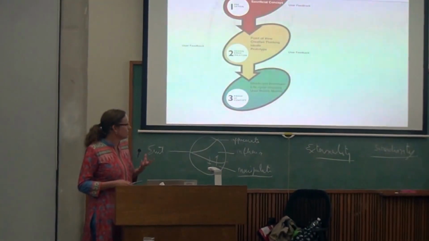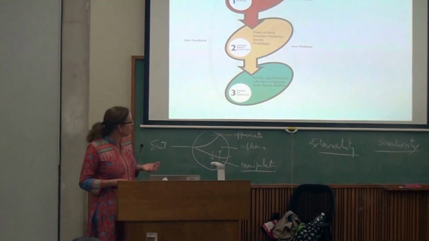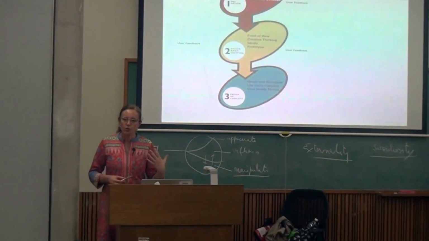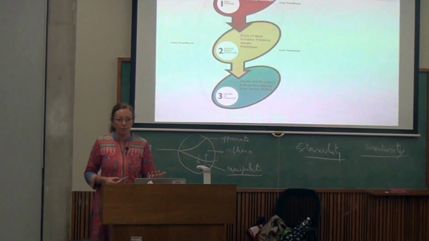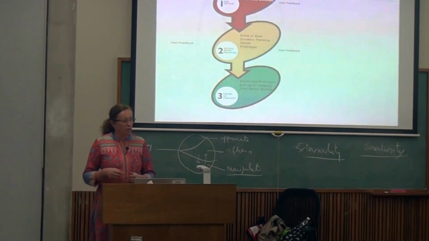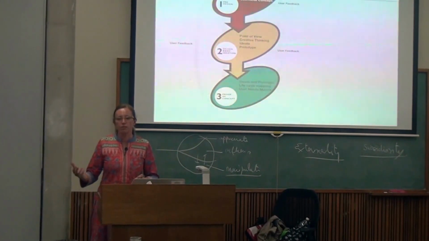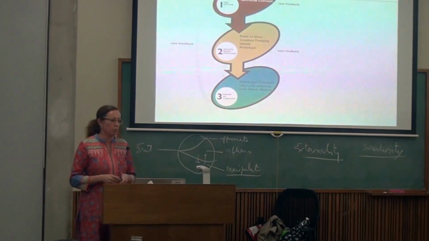And the second part of the design process here is to think about idea generation and also the notion of prototyping. I think testing and prototyping is a really great way to solve your problem.